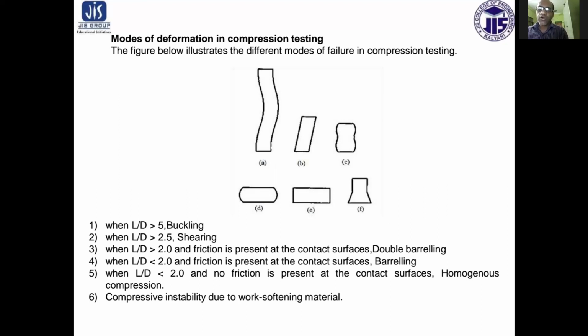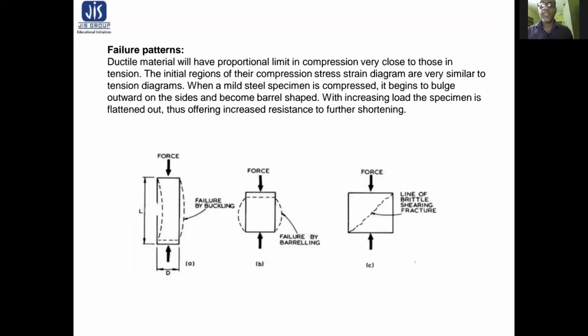And number 6, compressive instability due to work softening of the material, as shown in figure F. Now, this figure shows the failure pattern. Ductile material will have a proportional limit in compression very close to that in tension.